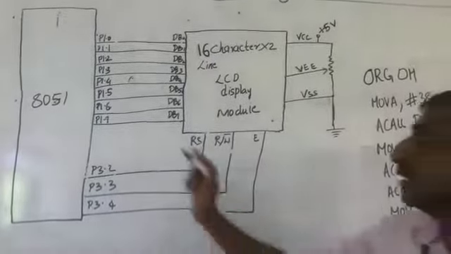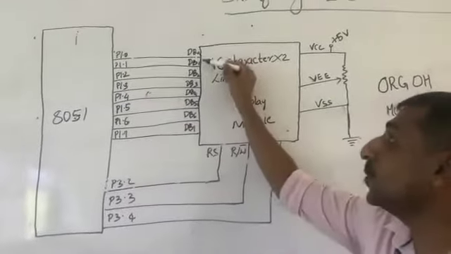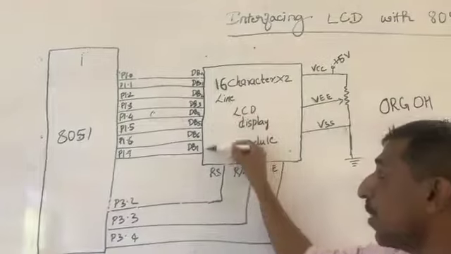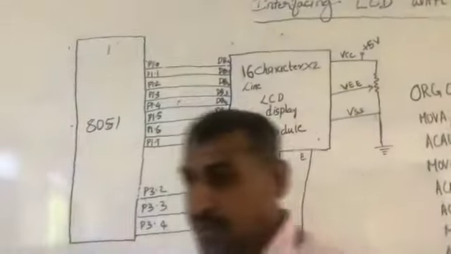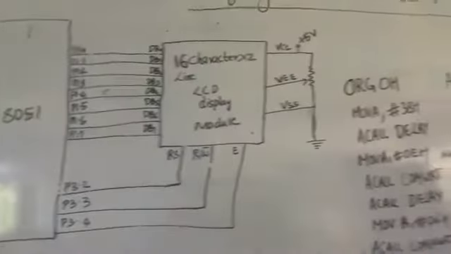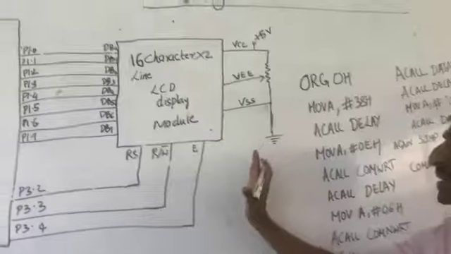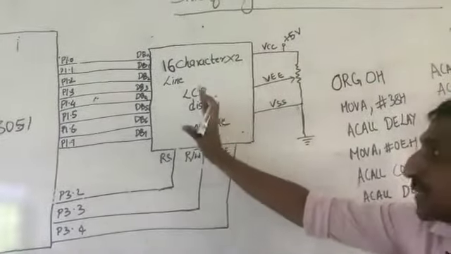Apart from this, port 1 is connected to the data lines DB0 to DB7 of the LCD. Keep these things in your mind because it's required for us later on. And what did I say? I said that the LCD can be interfaced in 2 phases.